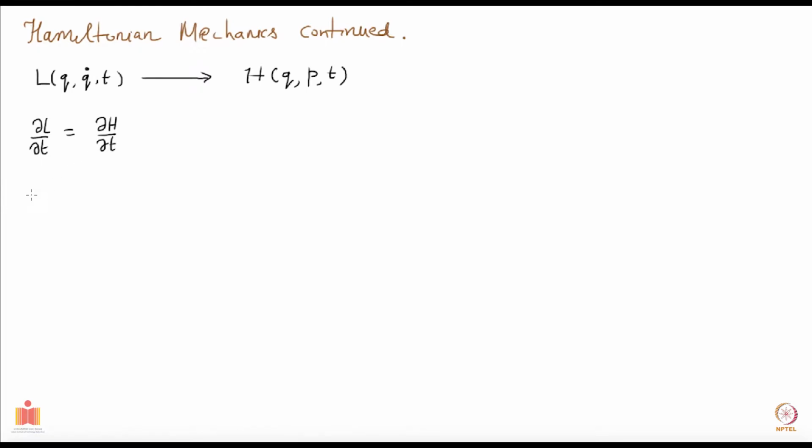Also, if you take the derivative of L with respect to one of the coordinates, it is the same as the derivative of the Hamiltonian with respect to the same coordinate, except for a minus sign. So these two are identical. And we also had Q dot equal to the derivative of the Hamiltonian with respect to the corresponding conjugate momentum. Remember, P turned out to be the conjugate momentum that you had seen earlier.